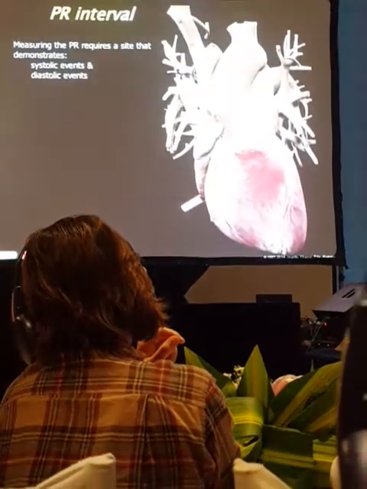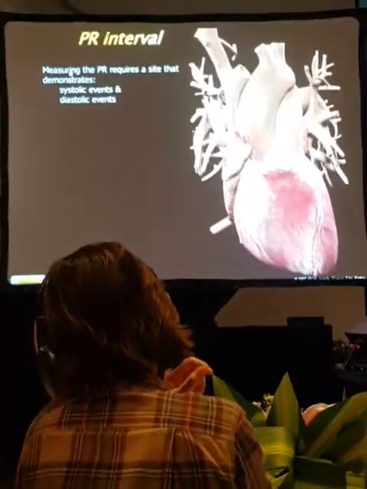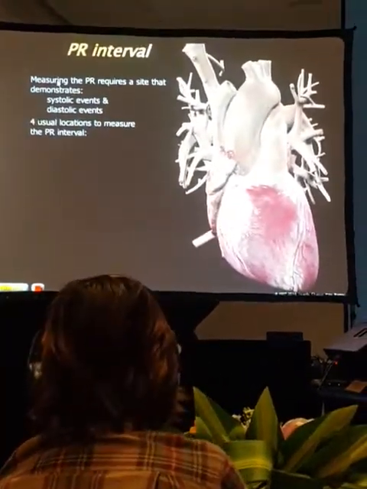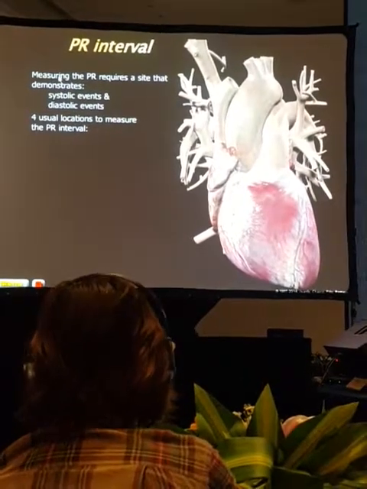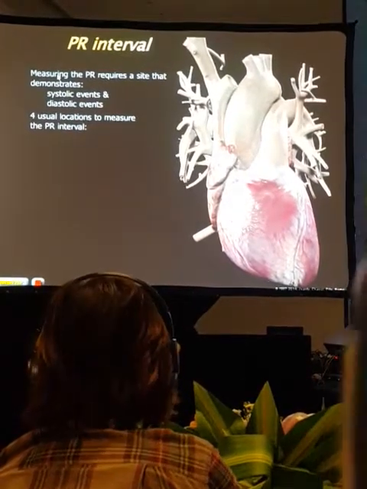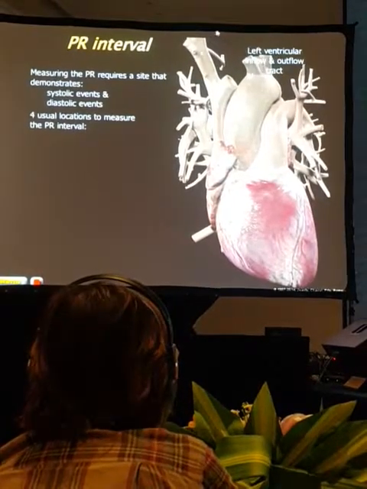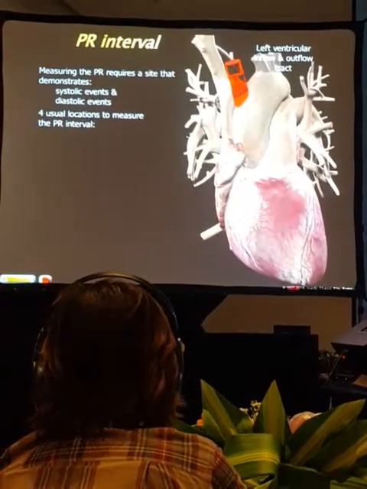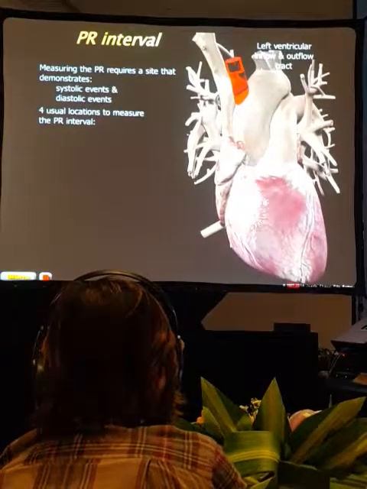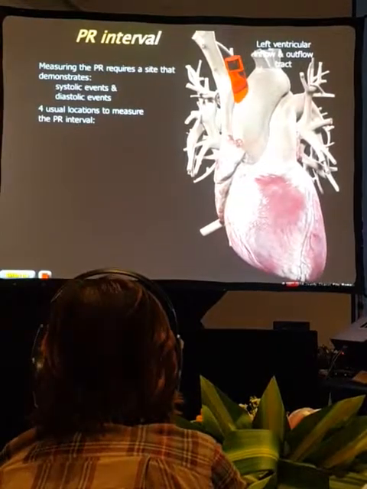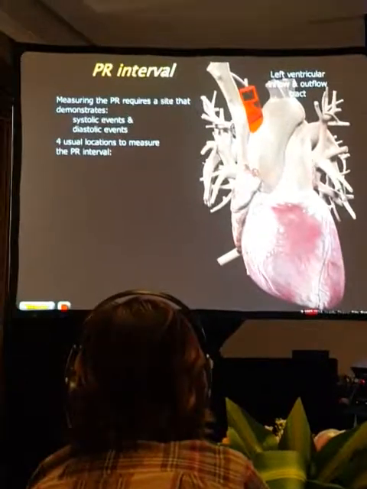Now, where can you measure the PR interval? To measure the PR interval, you need an area in which a signal can capture both a systolic event and a diastolic event at the same time. For that, there are typically four locations. One, you can take a beam that goes into the left ventricle inflow-outflow and into the ascending aorta.